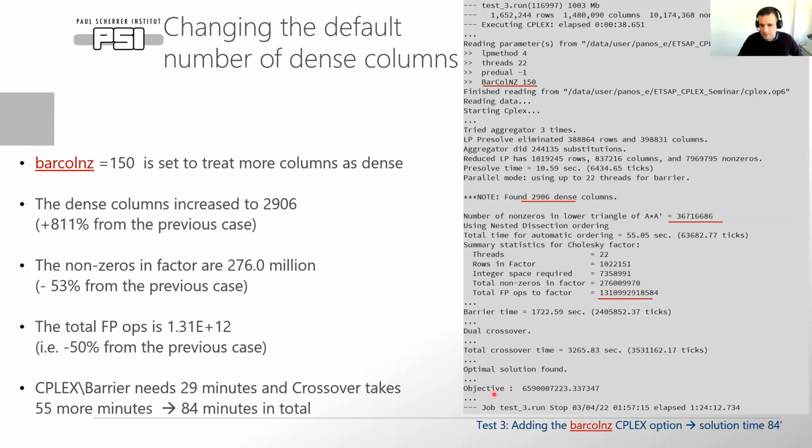In this case, the solution time dropped by 30 minutes more, so we're now at 84 minutes. The CPLEX barrier takes about 29 minutes and the crossover takes about 55 minutes. So the crossover still has a significant overhead on our solution time, but we will deal with that in a while.